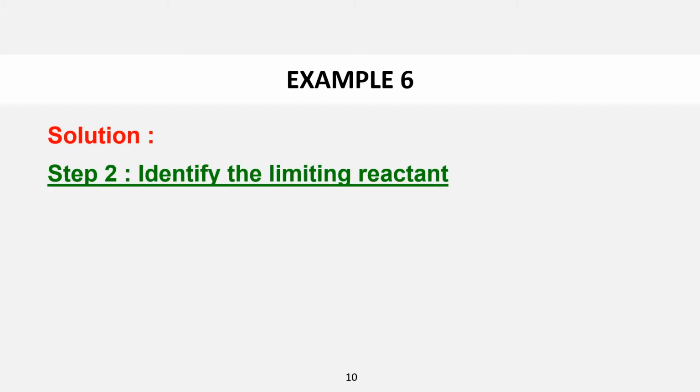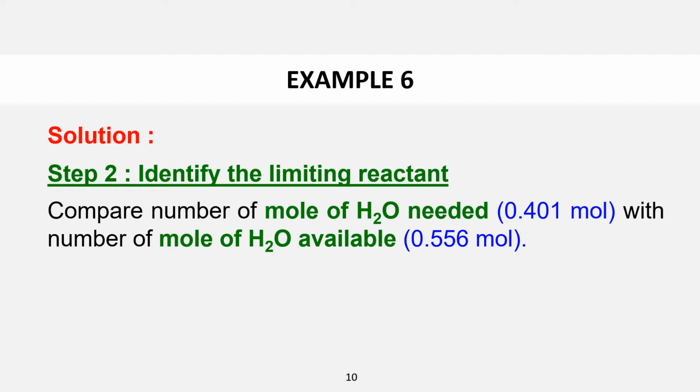The next step to identify the limiting reactant is by comparing the number of moles of H2O needed and the H2O available. The H2O needed from the calculation is 0.401 mole, while the mole of H2O available is 0.556 mole.